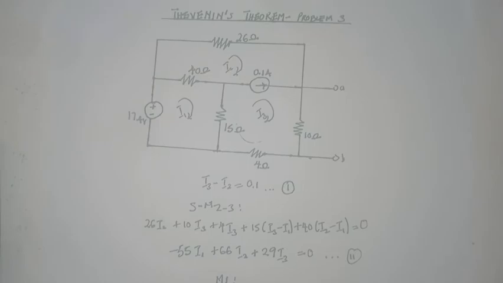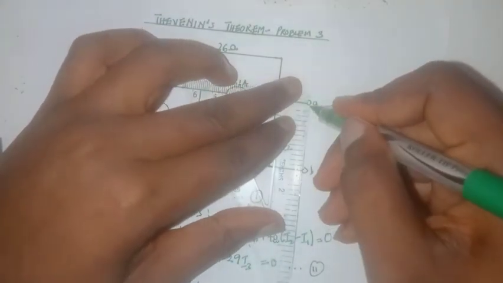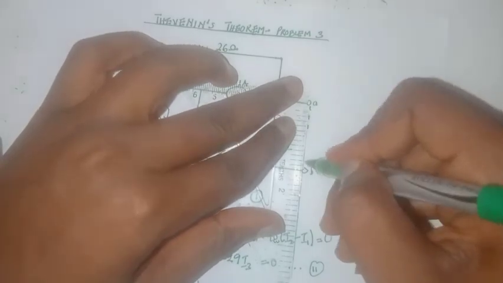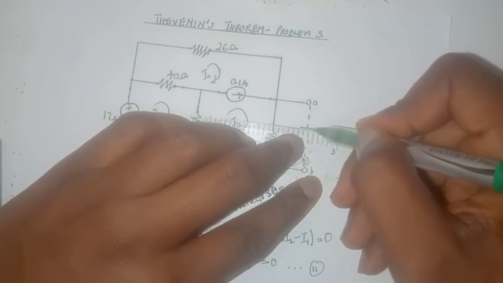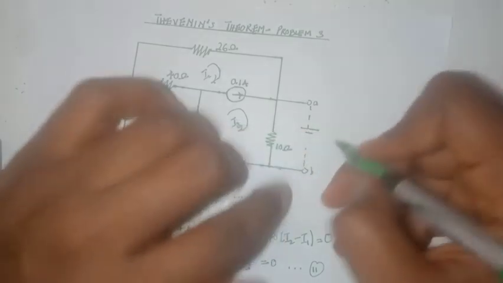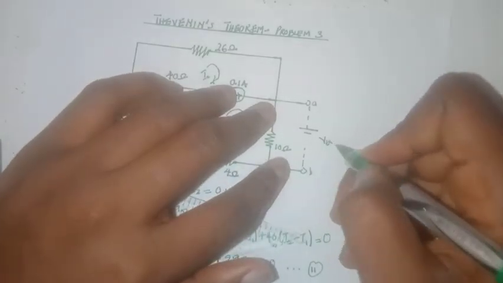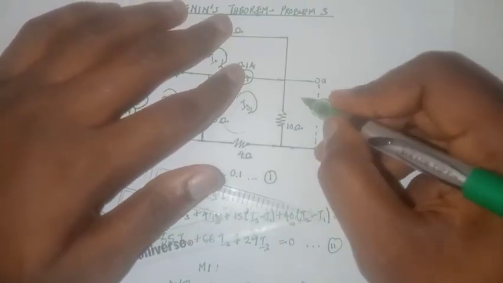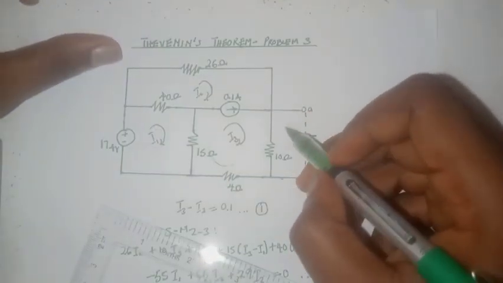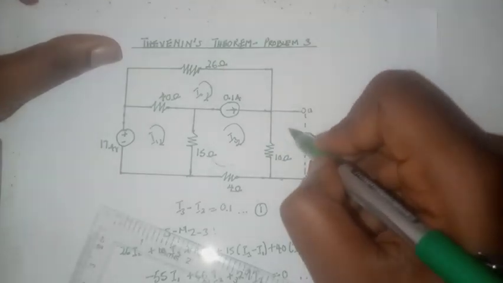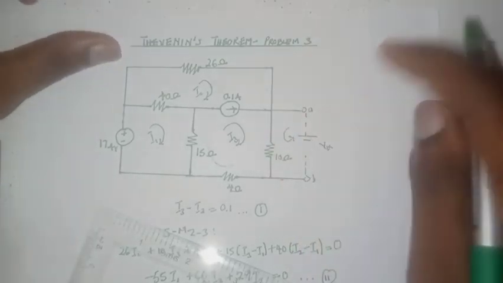The next thing to do is to connect a voltage source across the open circuit terminals, and that voltage source will be VTH. Then we can use this voltage source to write a KVL equation. So we can just pick this tiny loop here and write a KVL equation there.